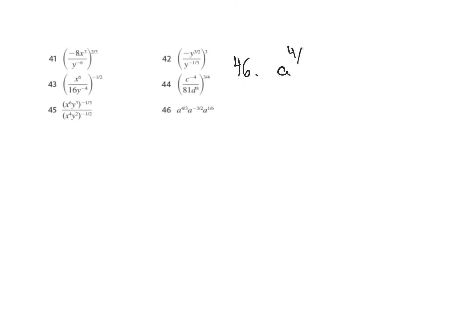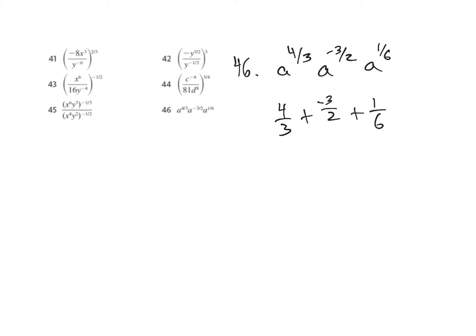a to the 4/3 times a to the negative 3/2 times a to the 1/6. Multiplying all like bases, so that means we're adding the exponents. 4/3 plus the negative 3/2 plus 1/6.